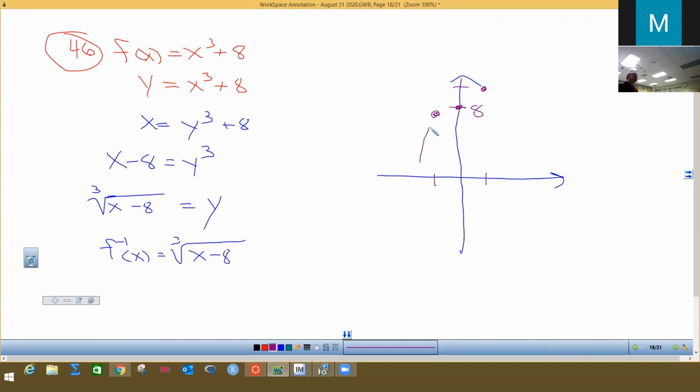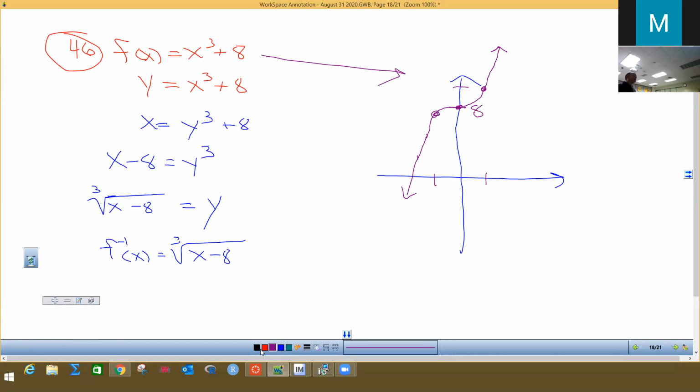So this graph is going like this. Okay, so that purple is the original graph.